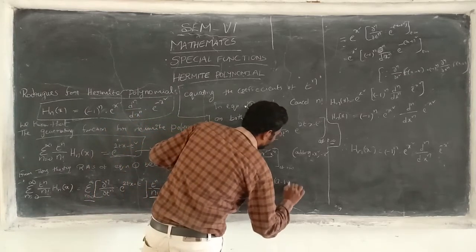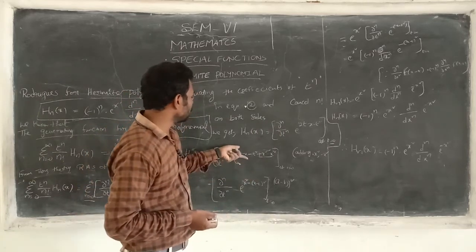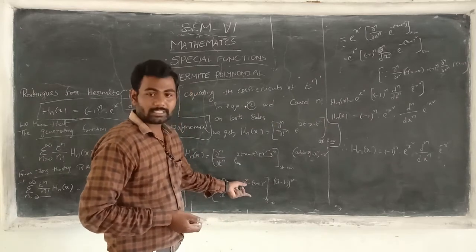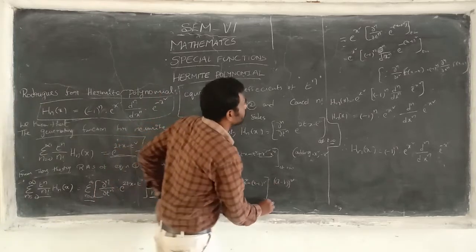By using the a minus b whole square formula, we can write 2tx minus t square plus x square minus x square equals x square minus x minus t whole square. This is the formula at t equal to 0.